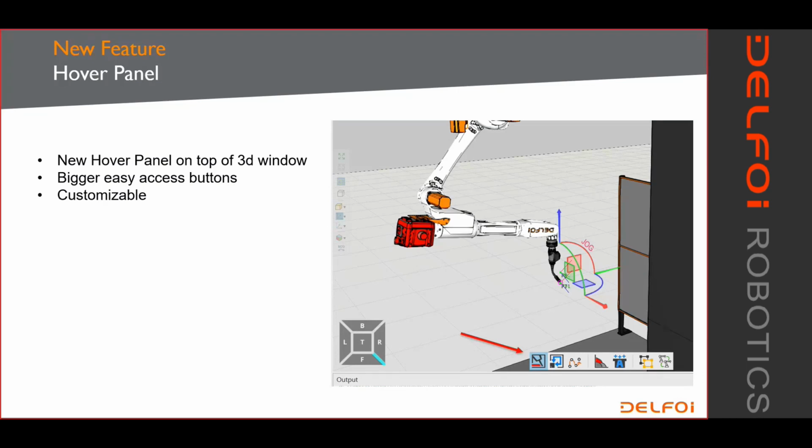You can put your favorite buttons there, and based on different processes you can modify it. In Delfoi Arc you might have different buttons, and then for Delfoi Paint you can have a different set of buttons over there. And these first few functionalities we will show you also live in a couple of minutes.